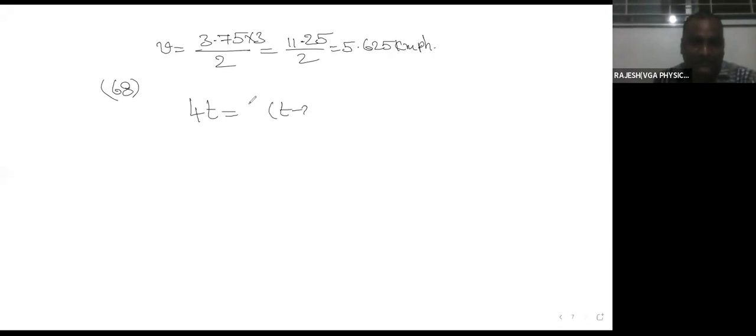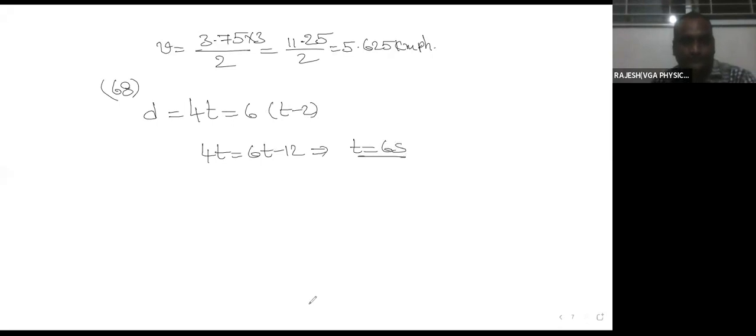So the distance traveled by the second one is 6 into t minus 2. They have to meet, means they have to travel the same distance. So 4t is equal to 6t minus 12. So 2t is equal to 12, t is equal to 6 seconds. So the second one catches the first one after 6 seconds.